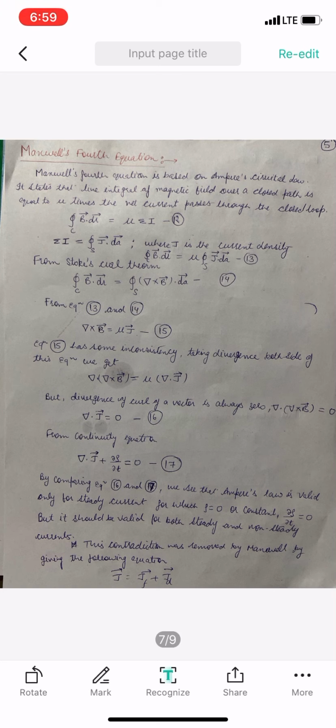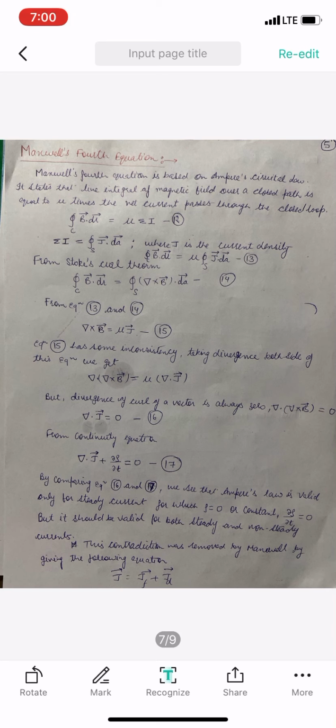From equation numbers 13 and 14, you can see curl of B is equal to mu J, where J is the current density. This is the fourth equation of Maxwell.